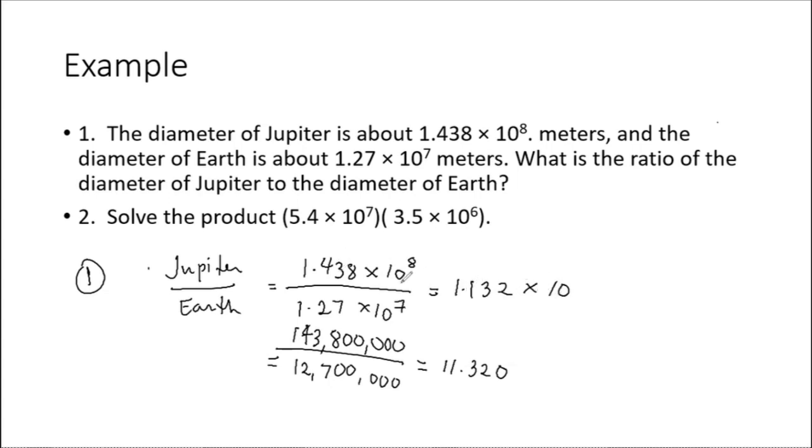Then, double check natin by standard notation, yung 1.438 times 10 to the 8 is the same as 143,800,000. At yung 1.27 times 10 to the 7 is 12,700,000. Then, pag kinuha natin yung ratio, 143,800,000 divided by 12,700,000 is 11.32. And it is also true.